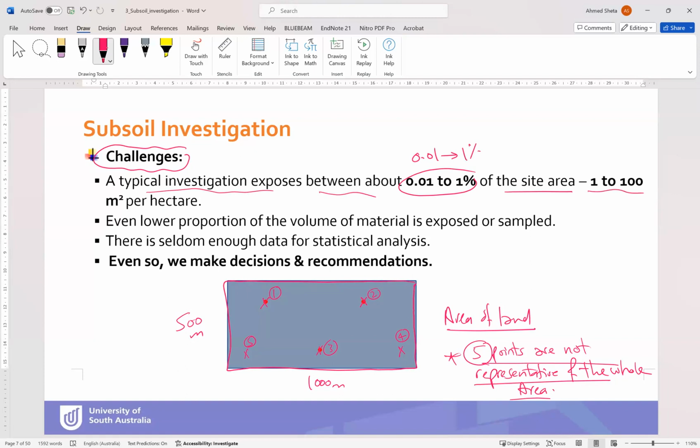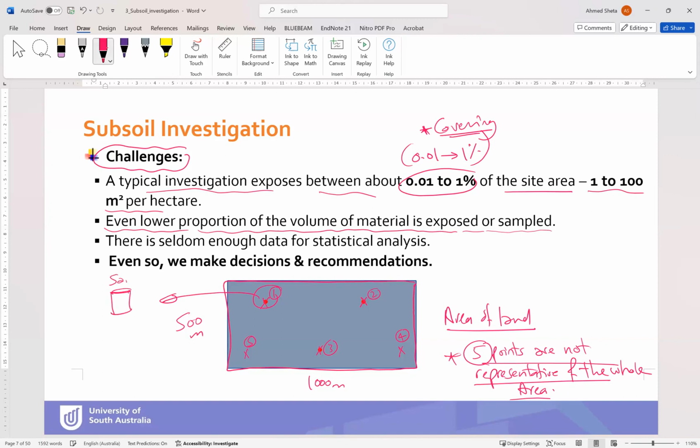Okay, so 1 meter to 100 meters per hectare. So we are only covering a very small part of the studied area or site area. And an even lower proportion of the volume of the material is exposed or sampled, because from what you get out of here you will make some samples.